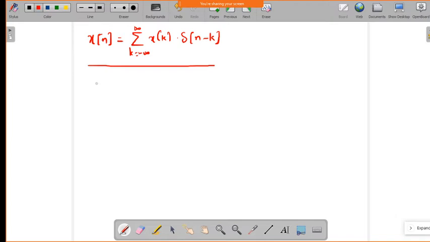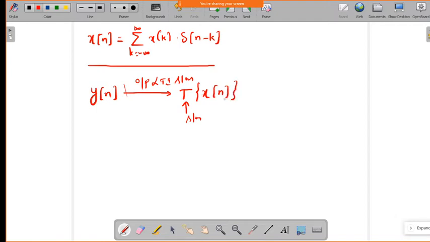Now if I take y of n, which is the output of the LTI system, which can be represented as the system T of x of n. So now y of n can be written as y of n equal to T of, and now I will substitute the x of n which I have defined here.